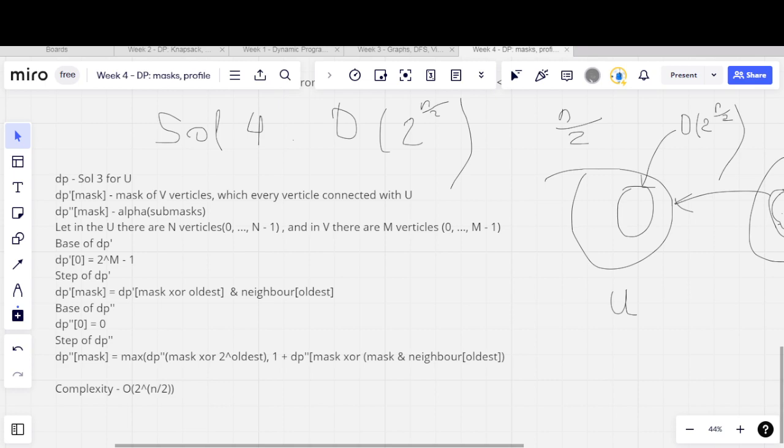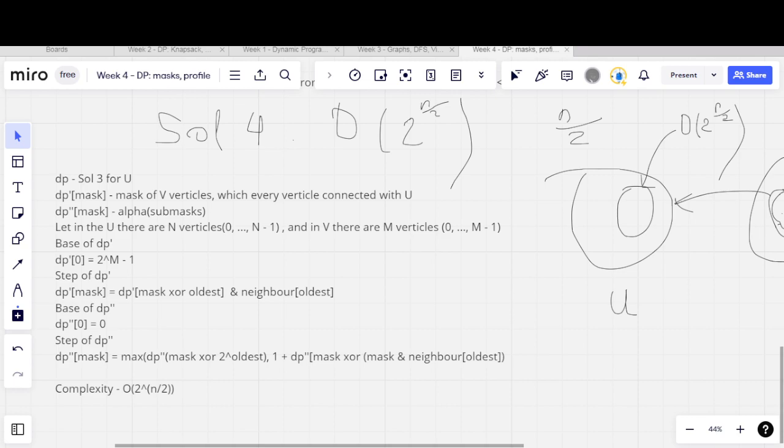I try to understand your question. It means that, yes, of course, we have only 64 or 32 possible vertices of this graph because of complexity.